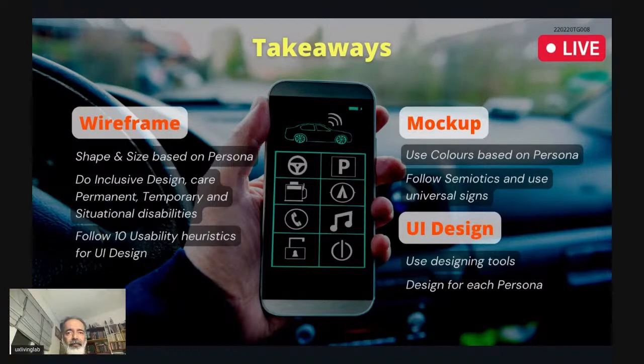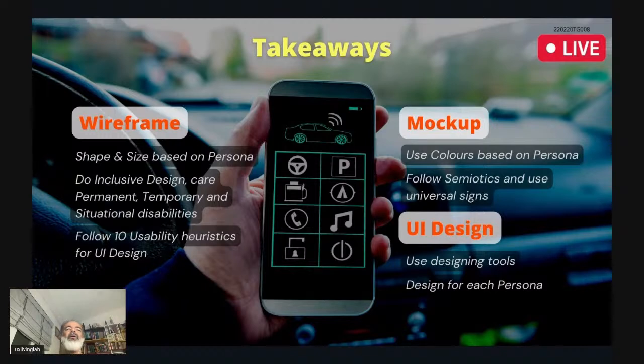Wireframing is the start point and the basic part of your UI design. Then comes mockups. Mockups mainly talk about colors, again based on the user needs. Follow semiotics and its principles. Don't assign signs according to your convenience to any commands.